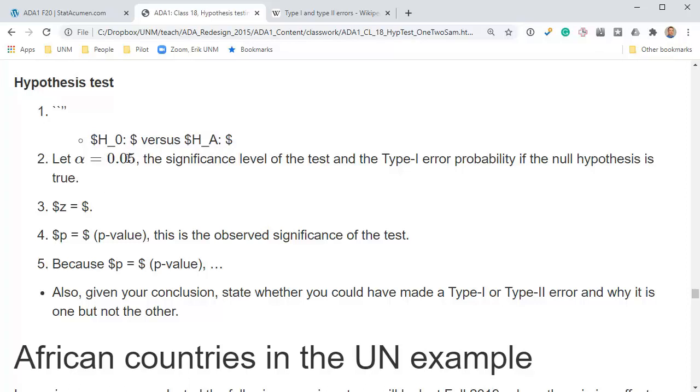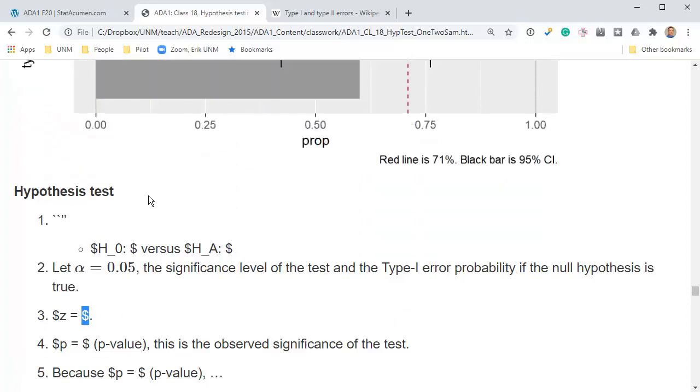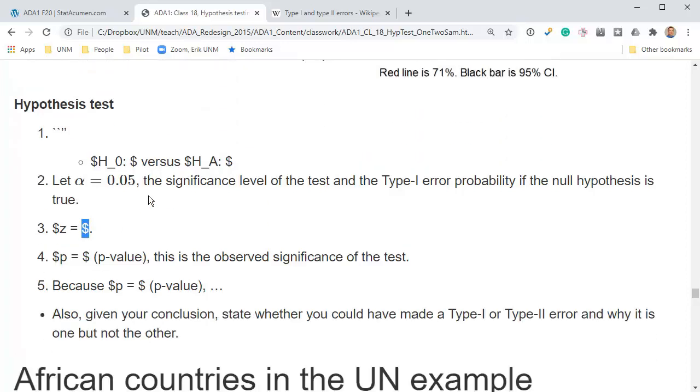Okay, alpha equals 0.05, that's good. In this case, we don't really have a z statistic because I used the binomial test. You could use a prop test and get one, but I would just say here that the test statistics are x equals 21 and n equals 35, the number of successes and the number of trials. We've got the p-value, and we've got our conclusion, because the p-value is greater than or less than alpha, whether we reject or fail to reject.